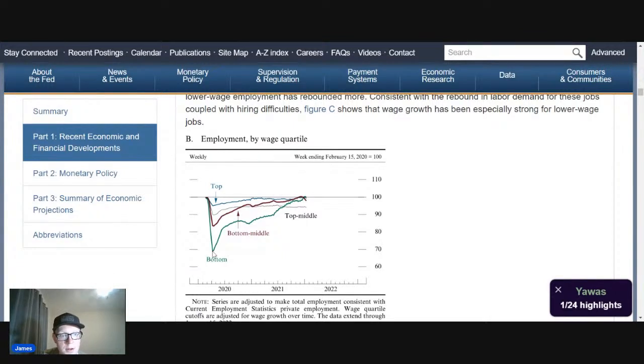So it makes a lot more sense, because these are the restaurants that were shut down, like the cooks and the waiters and everything else. Whereas your typical physicist or lawyer were still hella busy this whole time and they were still working. So it makes sense, and then it's distributed accordingly.